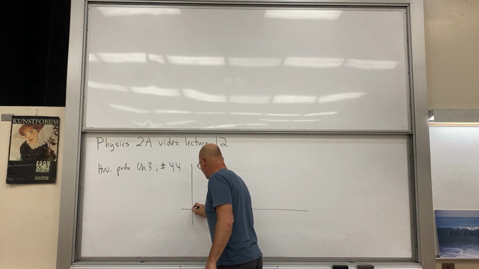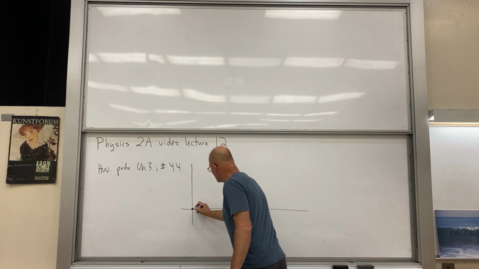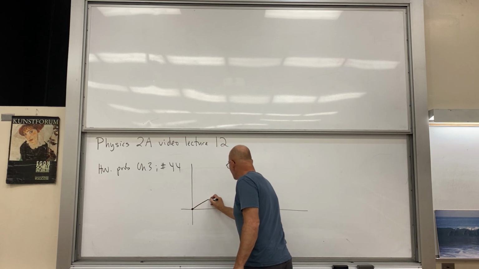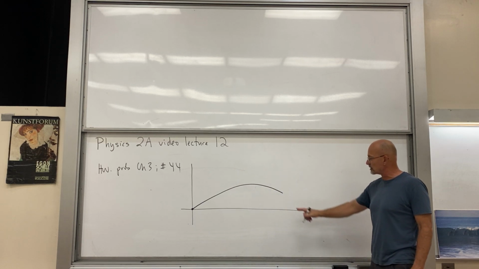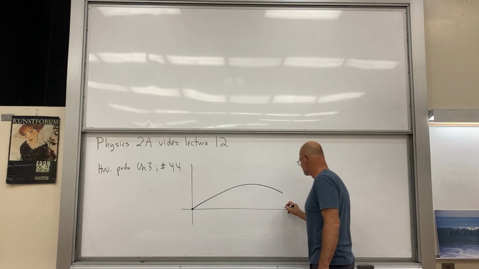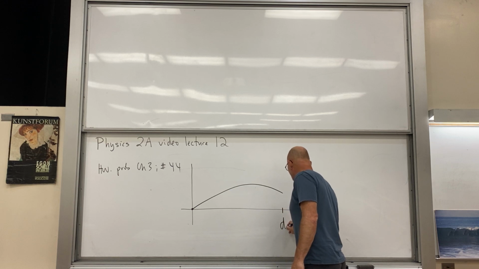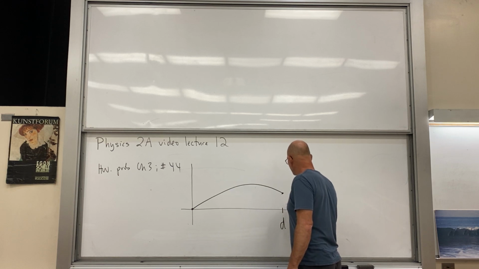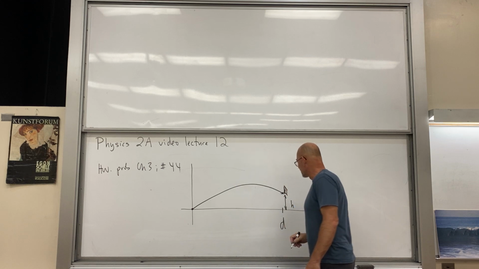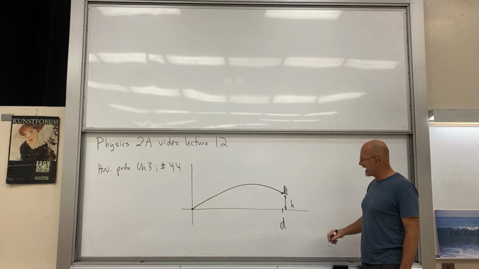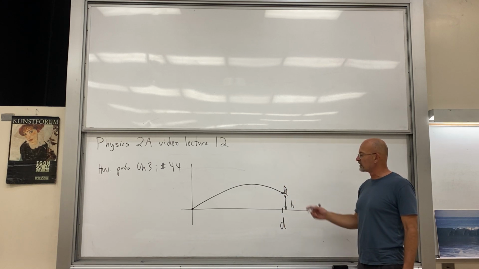So we're going to take the release of the ball here, and it's going to come in at some height h. It's going to be out at a distance d, and this is where the hoop is, at a height h above the ground, which is 1.05 meters.